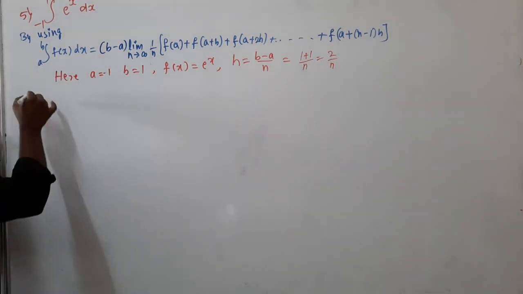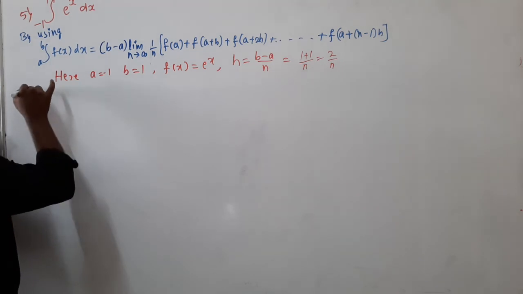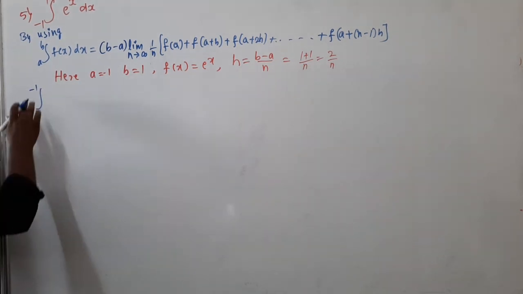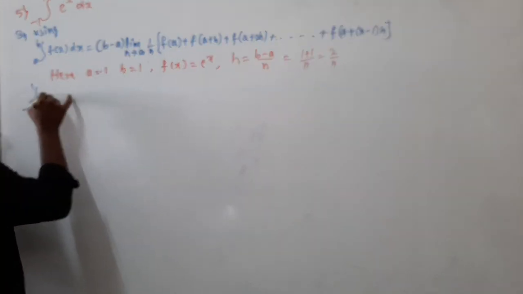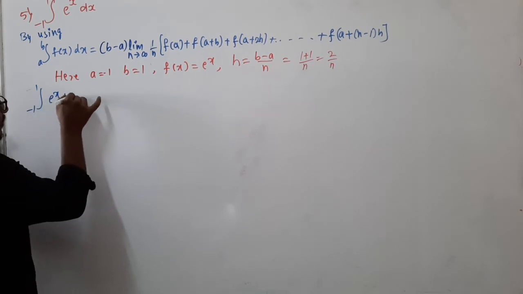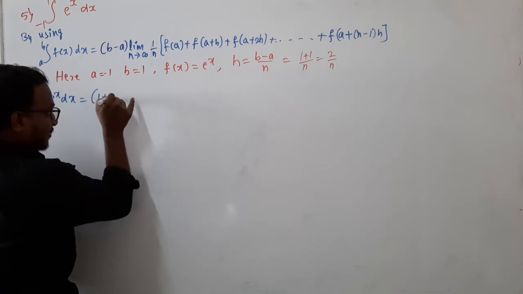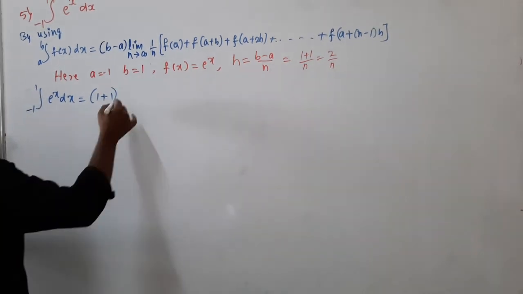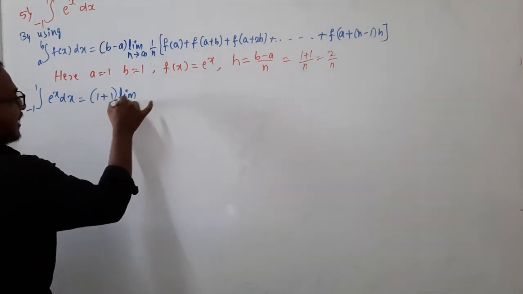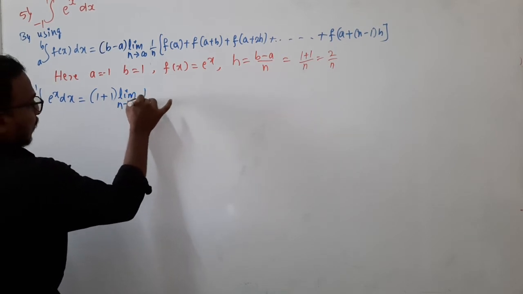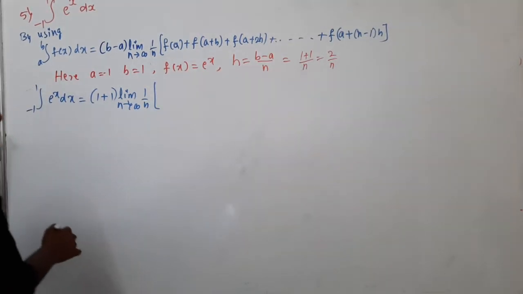If we substitute a, b, h in this equation, the integral from -1 to 1 of f of x, meaning e to the power x dx, is equal to (b minus a, meaning 1 minus of -1, plus 1) times the limit n tends to infinity of 1 by n times f of a.